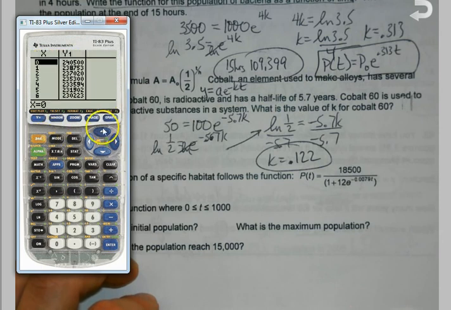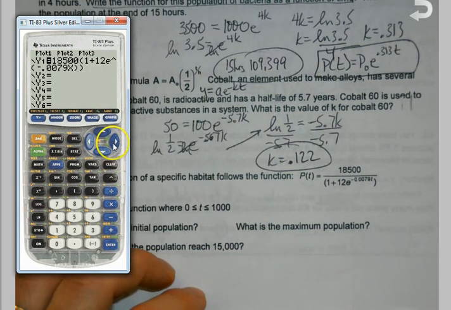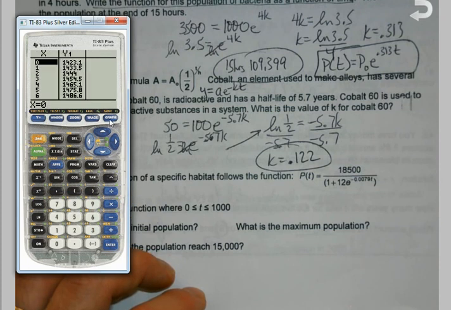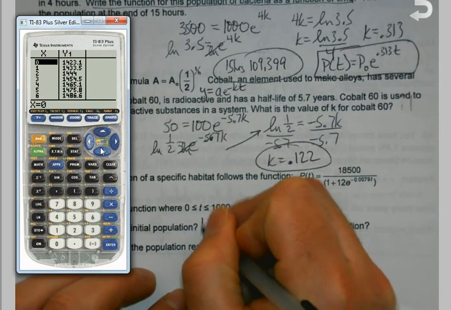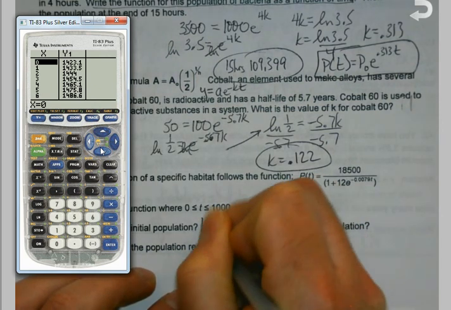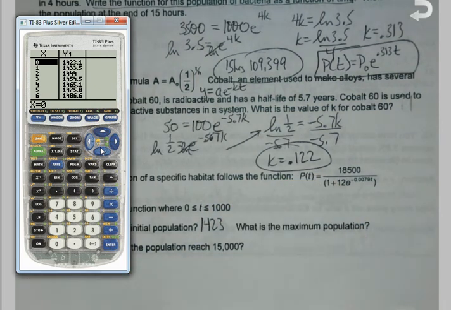I should have a number. Anybody noticing where my problem is? Oh, that's why I'm getting such a large exponentially huge number. It would help when it's a fraction if you put the divide in, right? Holy cow. That's better. So my initial population would be 1,423, because we're going to use whole numbers here.